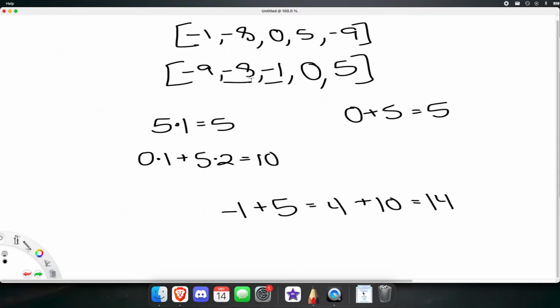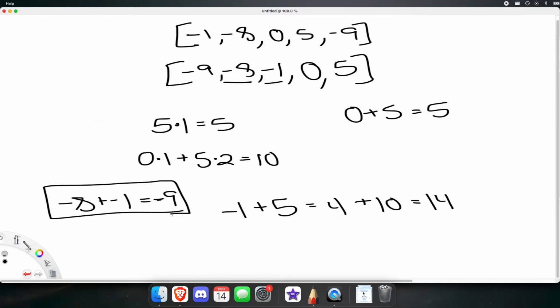If we decide to take this -8, then we're basically saying we'll be taking the -8 and all the previous negatives we've seen, which in this case is just -1. Now this will give us a total of -9. This -9, keep in mind, is without taking into account the fact that this -1 is actually going to be multiplied by 2.